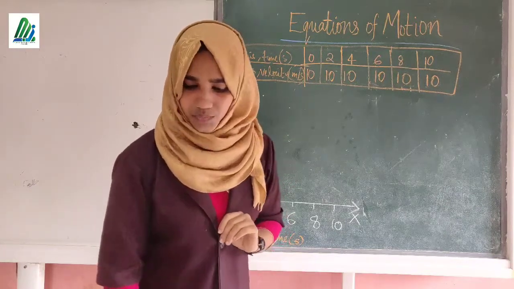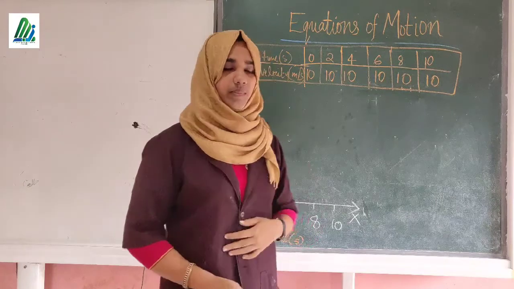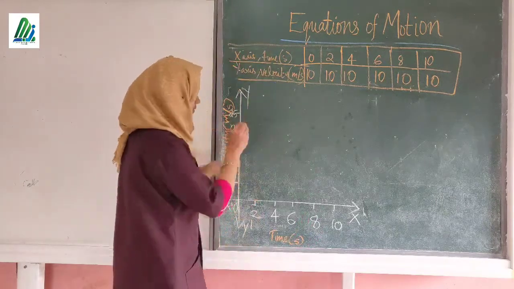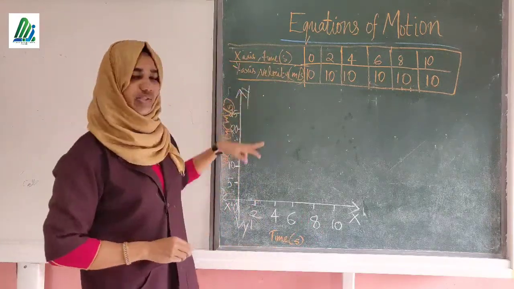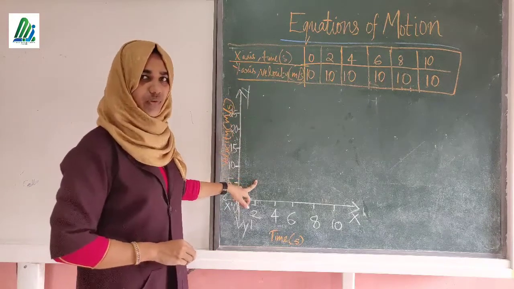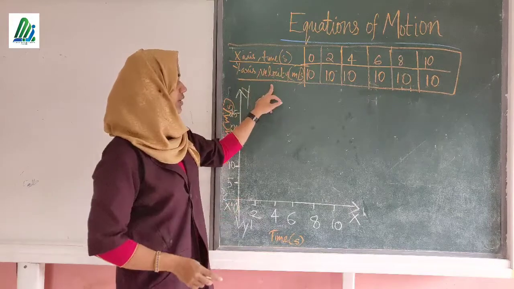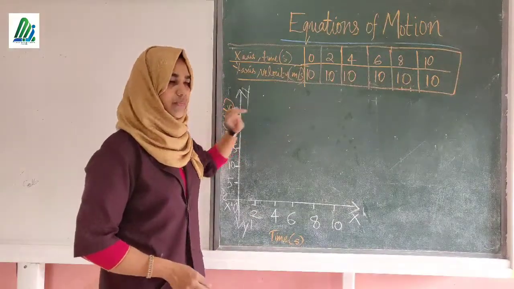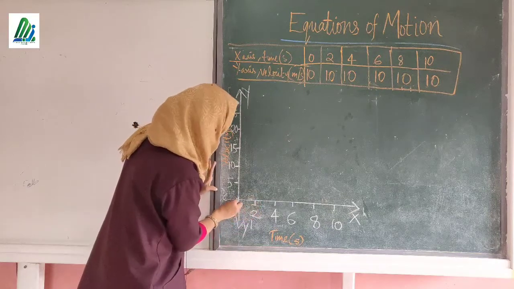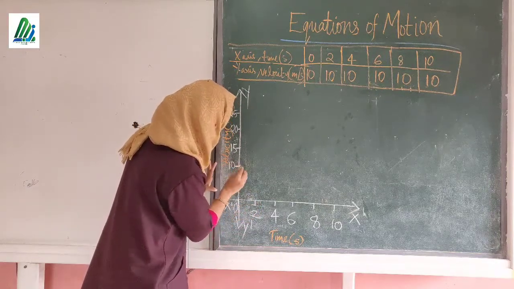So we can connect these points in this graph. At 0 second, the velocity is 10 meter per second.